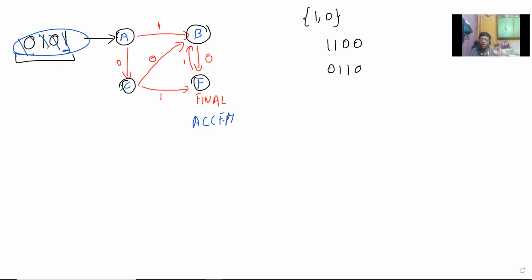Is it clear what it means to say that a number is accepted? After reading this 0, it goes to F, and so it has reached the final state when the word is read completely.